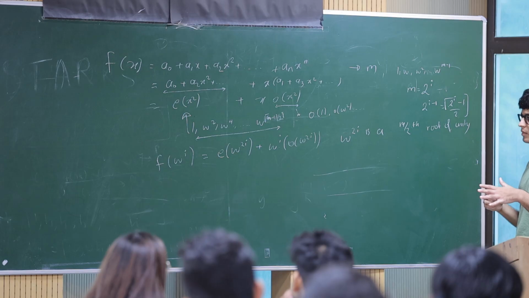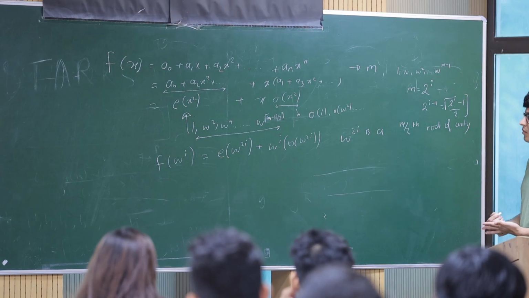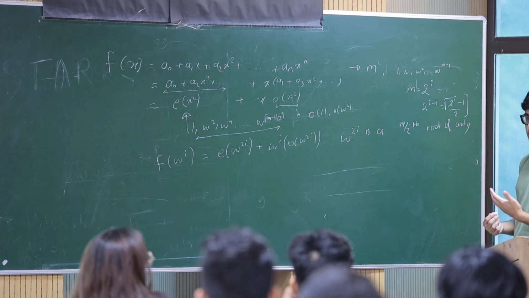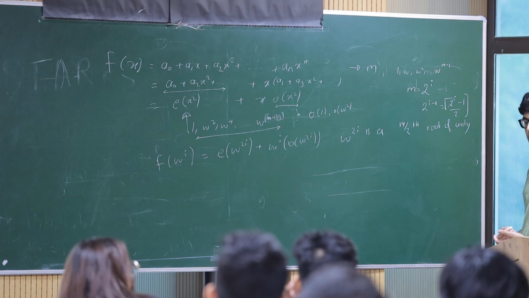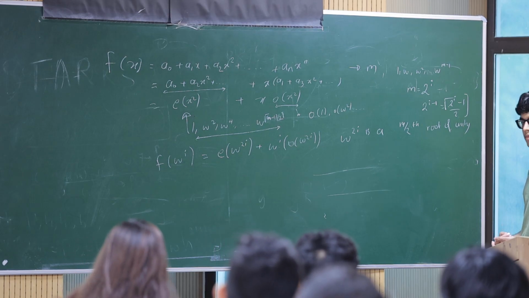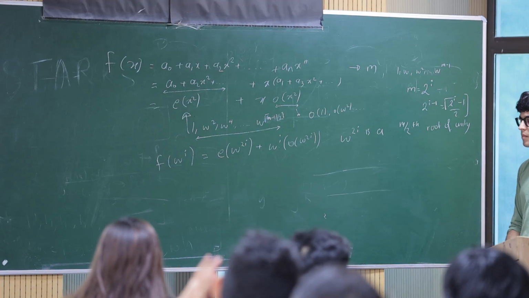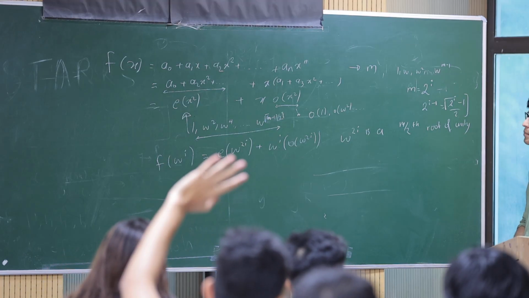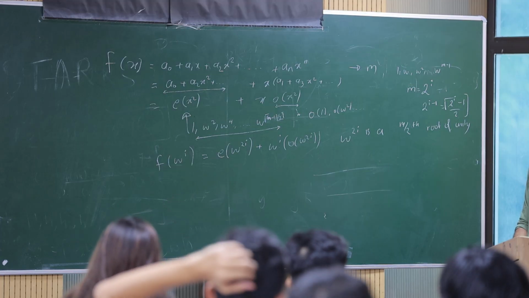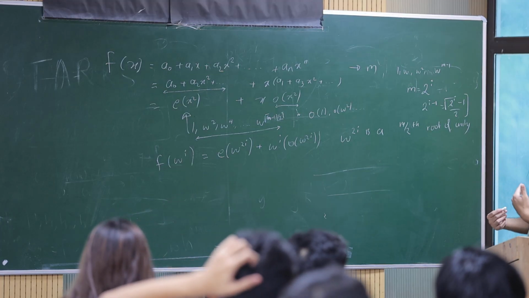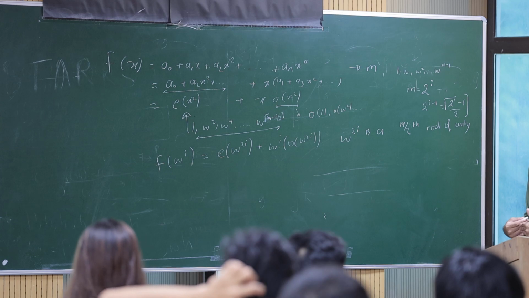Let me try to explain this again. You're reducing the complexity from n times m to n times log m. M into log n. Every time I'm reducing the degree of a polynomial by 2.